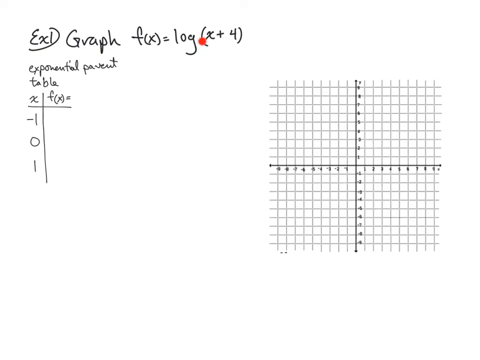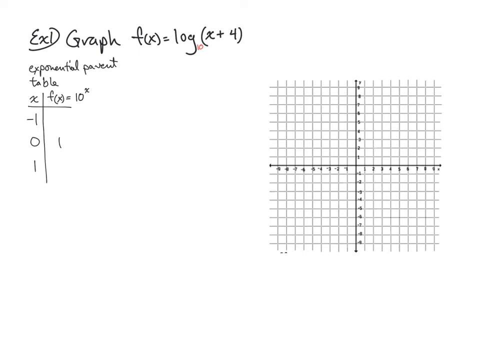Normally a base for a log is written right here. Luckily, you can remember that if there is no base given, the base is 10. So the exponential function that goes with log base 10 of x is 10 to the x power. So we know the base is 10.